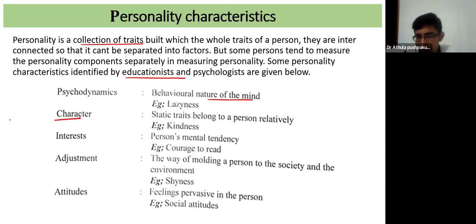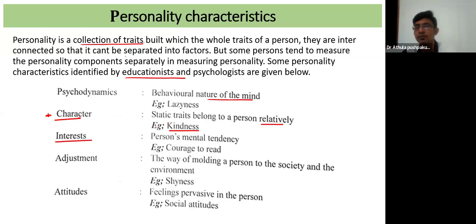Characters. Person to person, characters may differ. Static traits belong to a person relatively, like kindness. Some persons can be identified as innocent and kind. According to their character, we can identify different personalities.